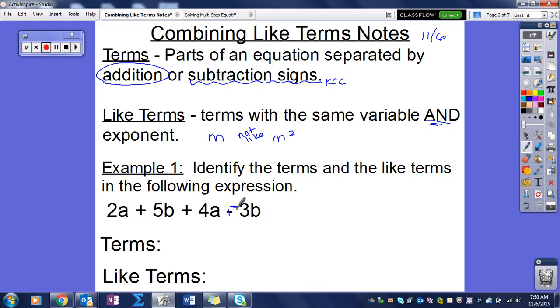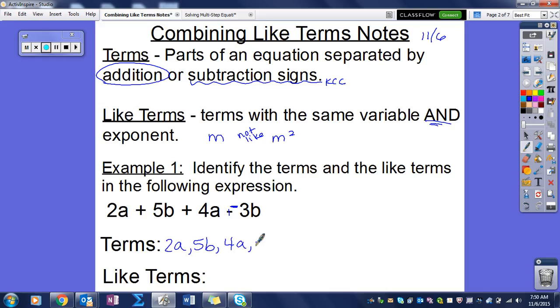Okay, now we're going to identify the terms. So again, the terms are parts of an equation separated by addition or subtraction sign. So the first term is 2a because it's separated from everything else by this addition sign, 2a. We're going to put a comma because we're listing things. The next term is 5b. The next term is 4a.